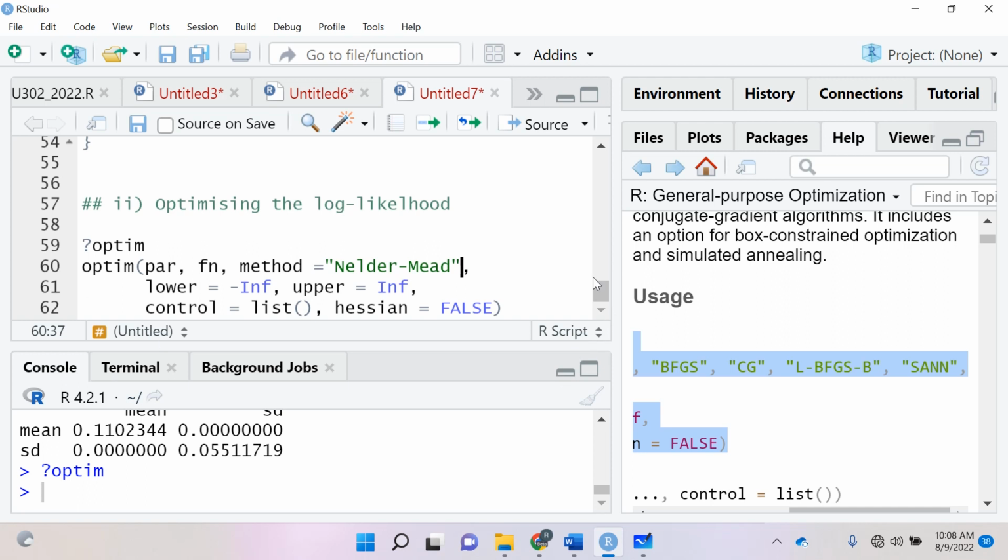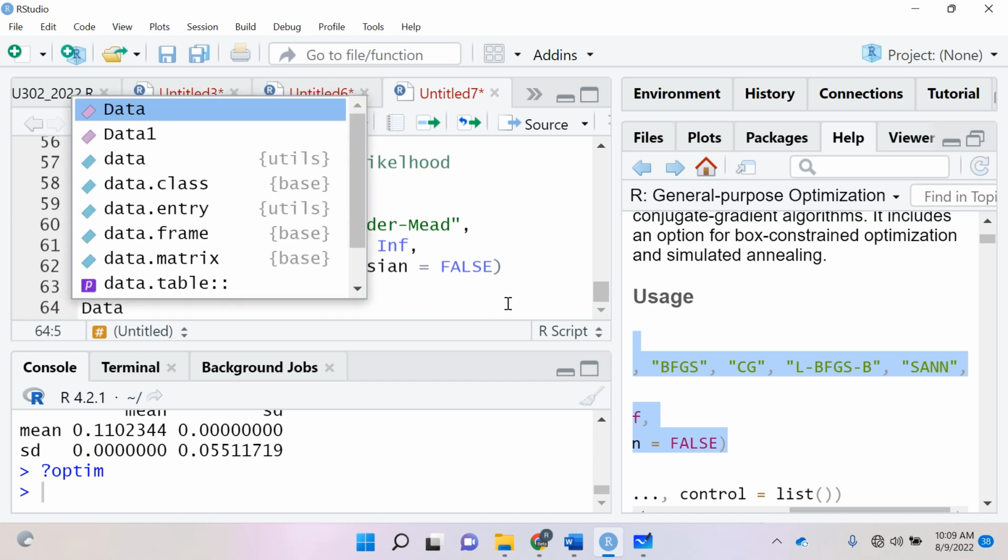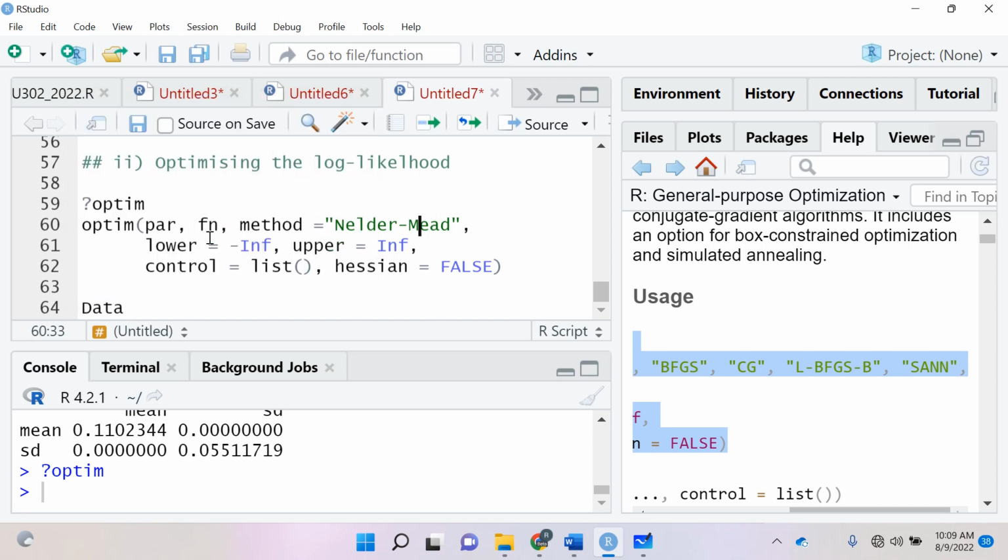Before we'll be able to do this, okay, we need a data set that we can use to do that. So our optimization routine is like this. So now I'm going to take a practical data set and walk through this. Okay. So before I'll be able to do that, I need a data set. So data, remember we already have data, right? Data 1. So then I can continue with my optimization.